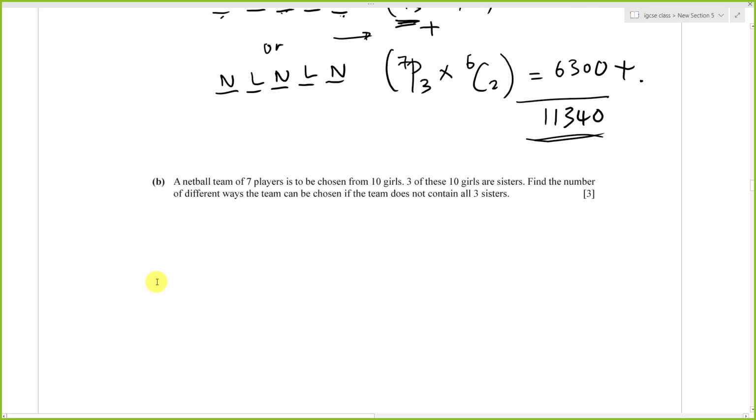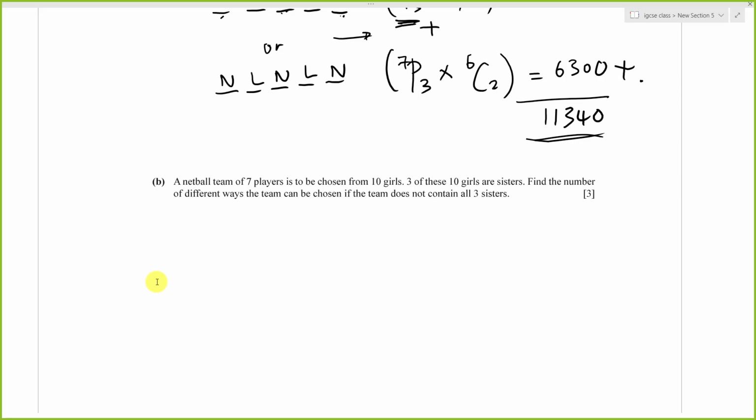Okay, so a netball team of 7 players is to be chosen from 10 girls. 3 of these 10 girls are sisters. Find the number of different ways the team can be chosen if the team does not contain all 3 sisters.